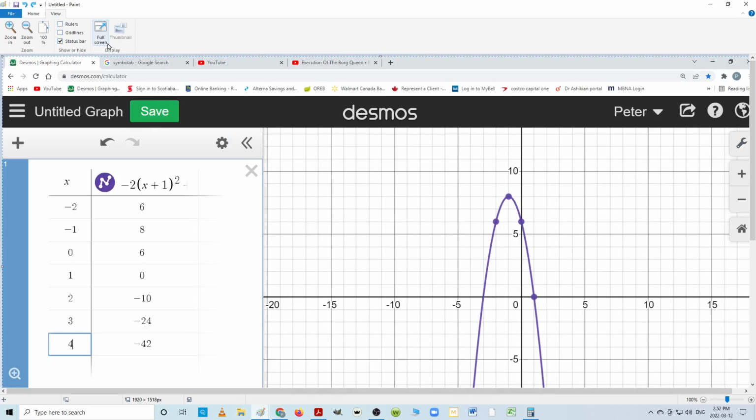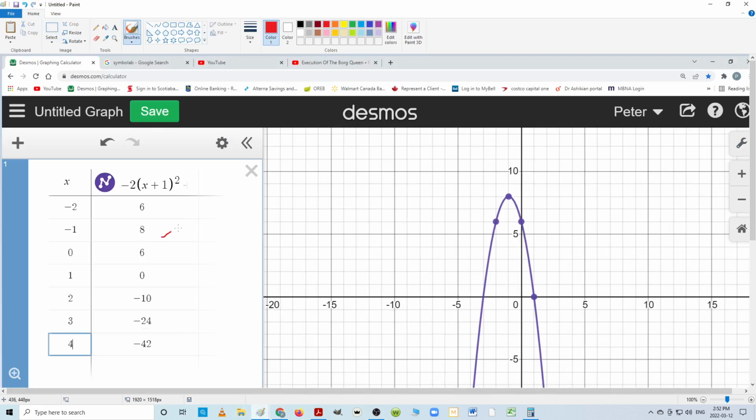So +2, -2, -6, -10, -14. Second difference is 4.